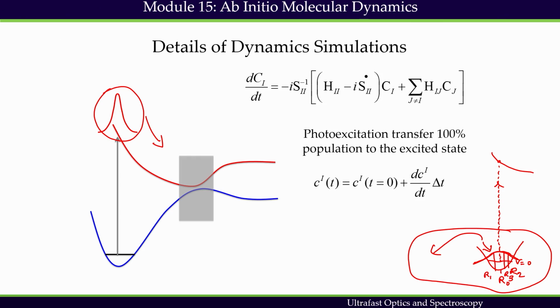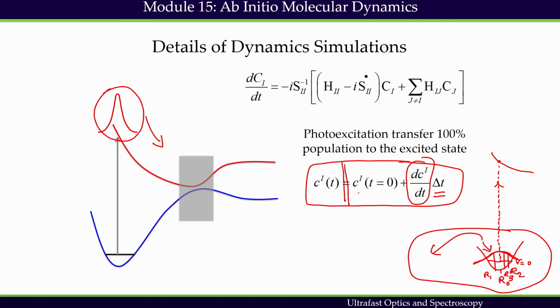So, what we see is that I can again use Taylor series expansion and then use this as the propagator for the population, and for this propagator I need the derivative, because delta t is known. Delta t is the time step used in the ab initio molecular dynamics.